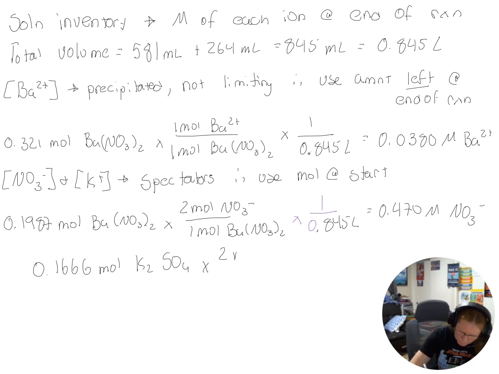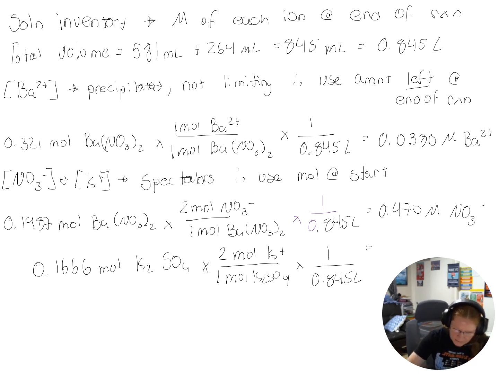We have 2 moles potassium in every 1 mole. And we have 0.845 liters. So we're going to get 0.394 molar potassium. Okay?